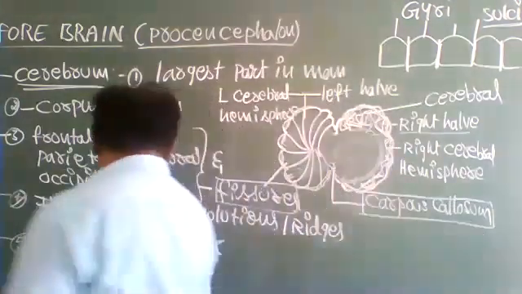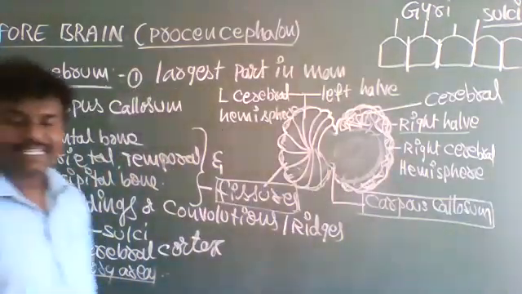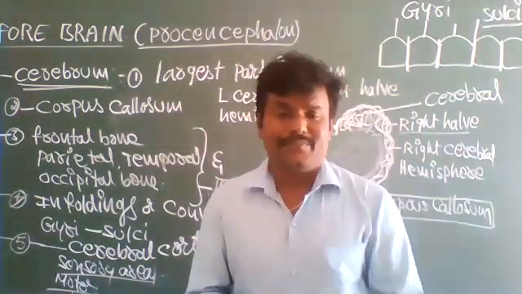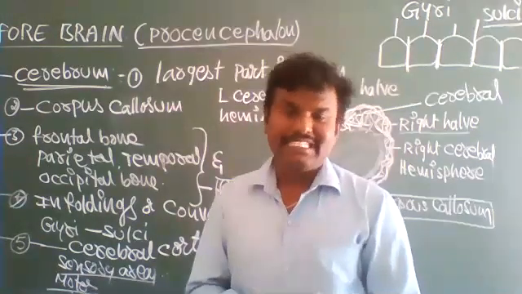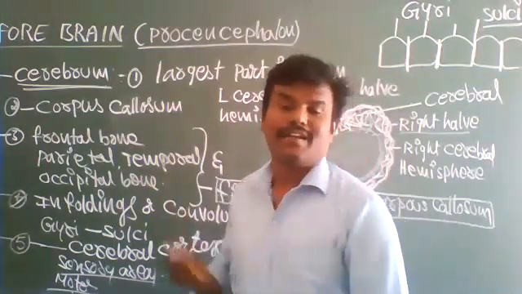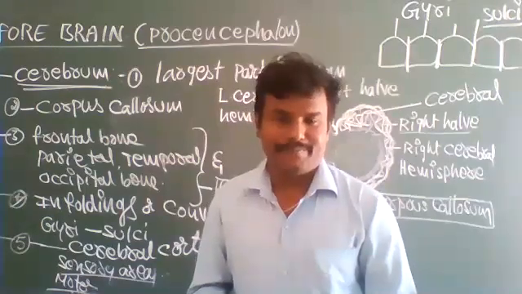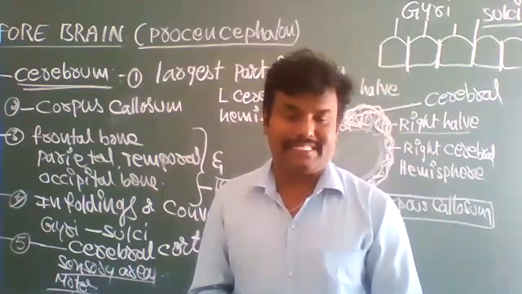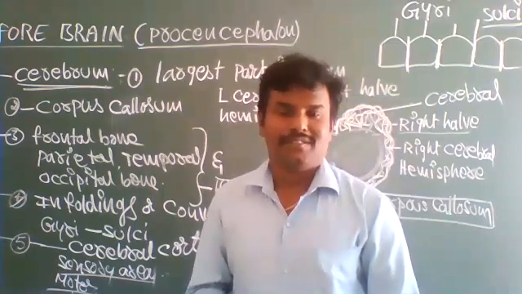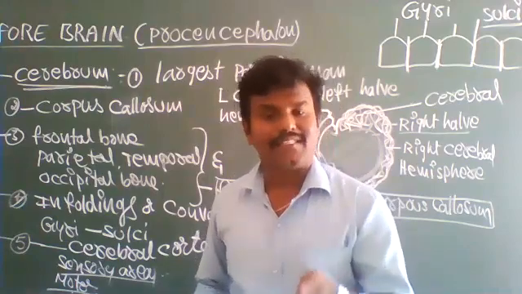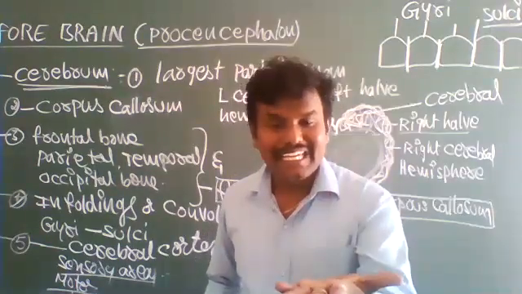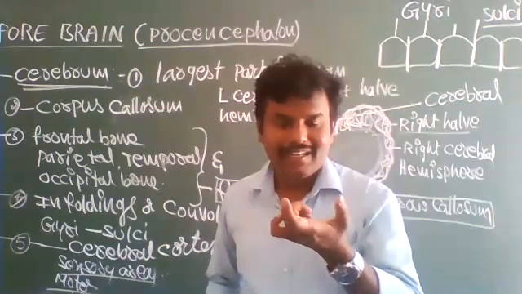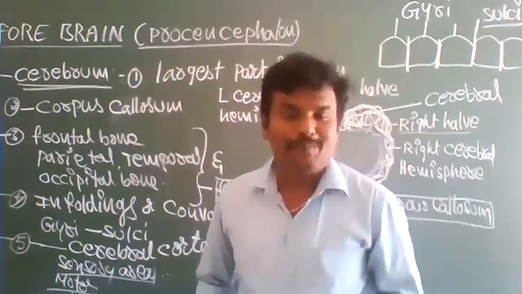So first of all, let us see sensory area. The sensory area receives impulses from the sense organs to the cerebrum. That is what we see, what we can hear, what we can smell, what we wanted to speak.